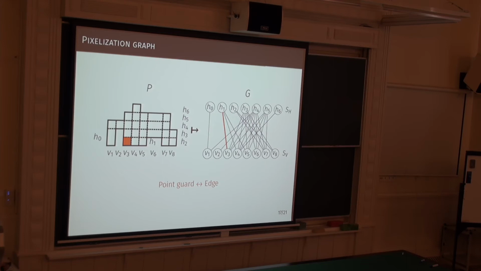So point guards are translated to edges in this manner. Mobile guards, vertical mobile guards, are translated to nodes. Similarly for horizontal guards. And now rectangular vision is a bit tricky. It leads to a very non-natural notion of covering.